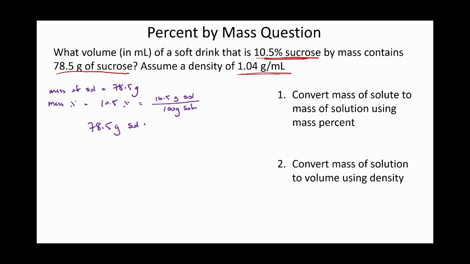So I'm going to multiply this by 100 grams of solution per 10.5 grams of solute. We multiply that together, and this would give us 747.6 grams of solution.